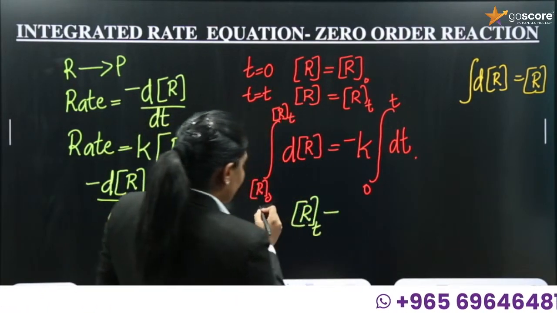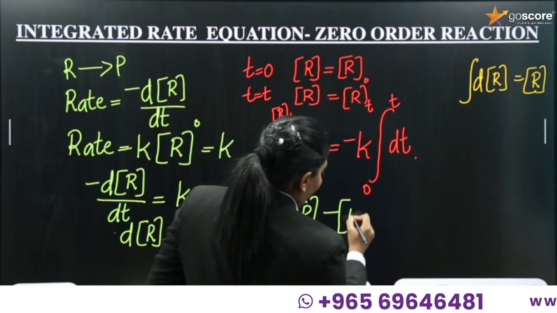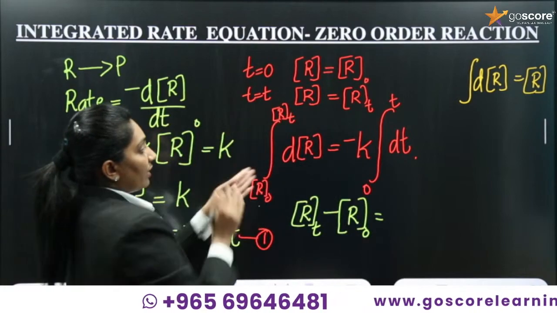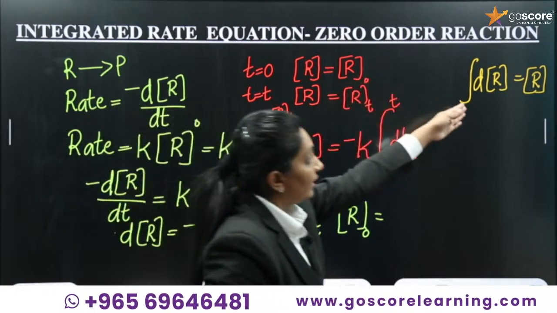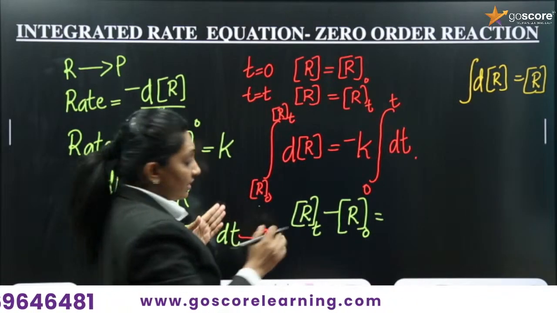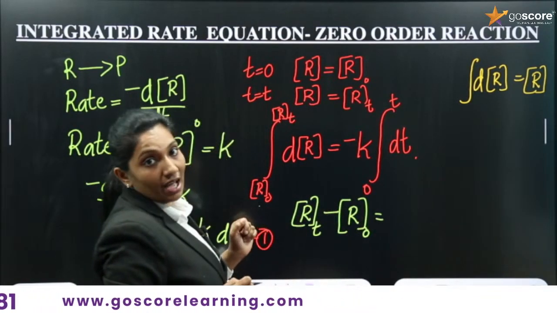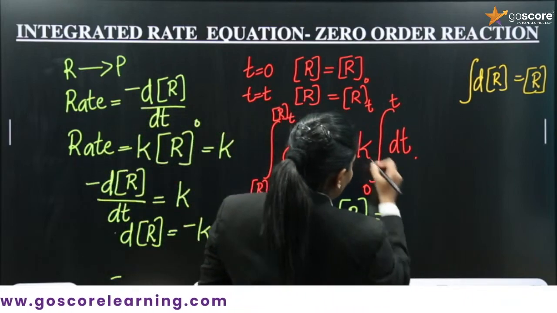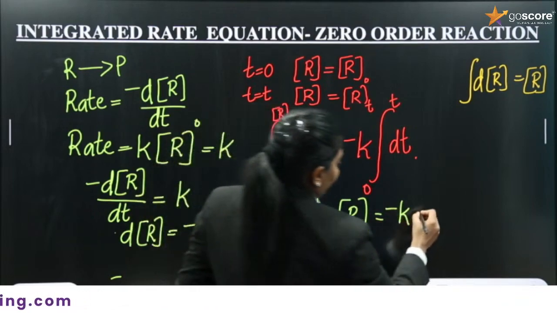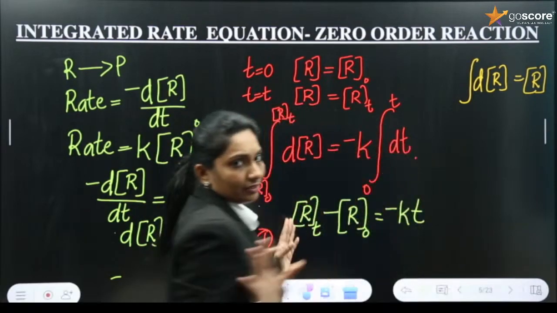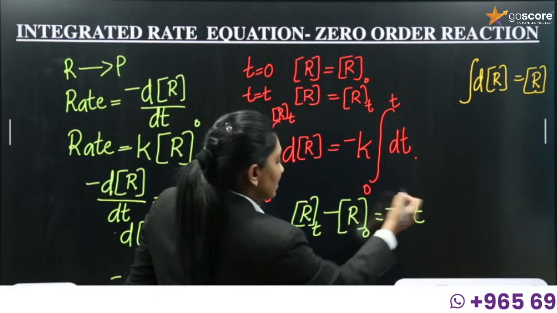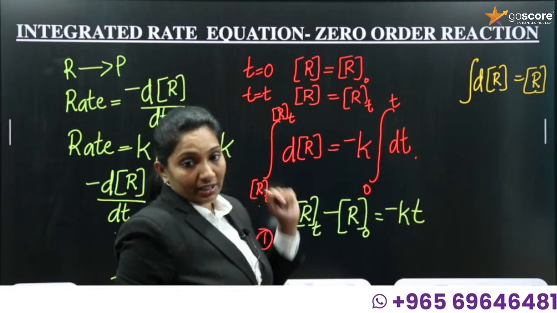Rt minus the lower limit R0. Isn't it? The integral of dR from R0 to Rt is R. So when you put the upper limit minus lower limit, it will be Rt minus R0. Okay, is equal to minus k times t. The upper limit is t minus 0, it will be t, right? So what you got here? Rt minus R0 is equal to minus kt.